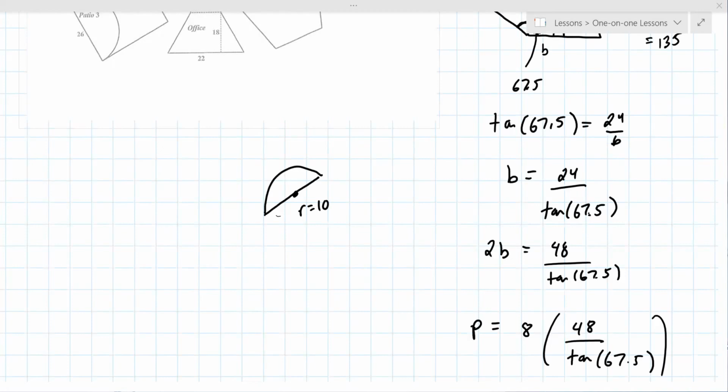Maybe all these calculations go on the right. Maybe that's what I'm missing here. Okay, so then the area is, maybe that's a little cleaner if we do it that way. The area is 1/2 times pi times 10 squared.